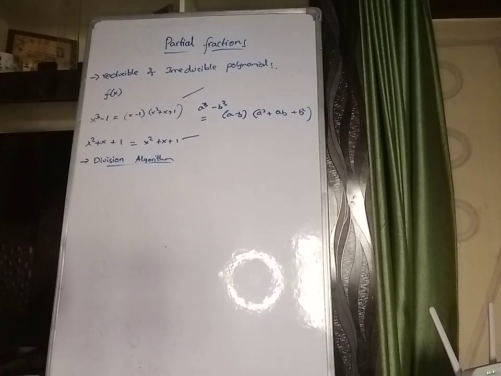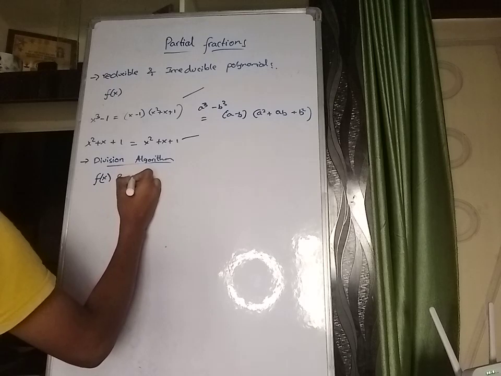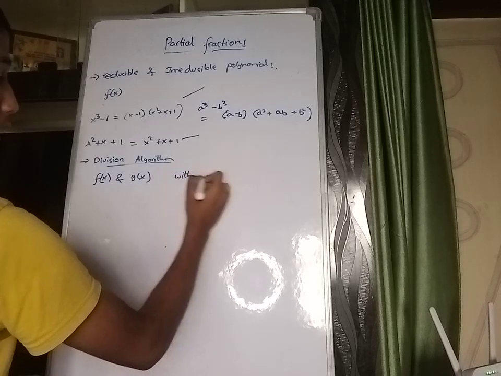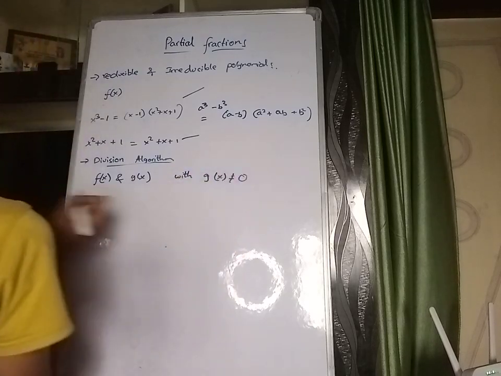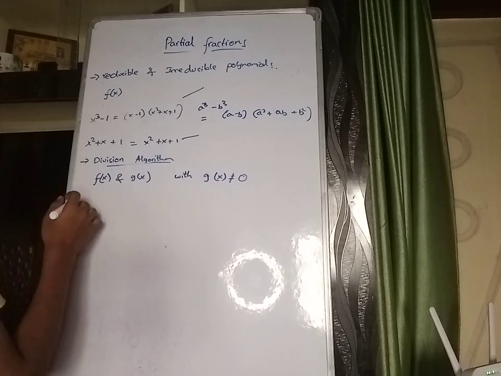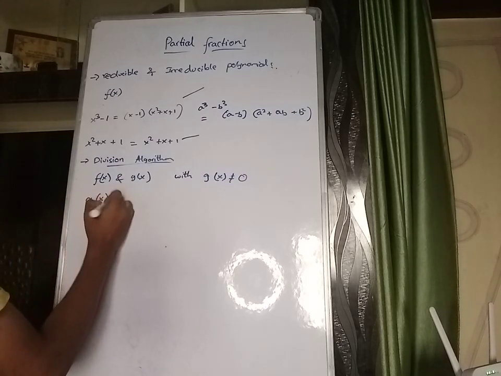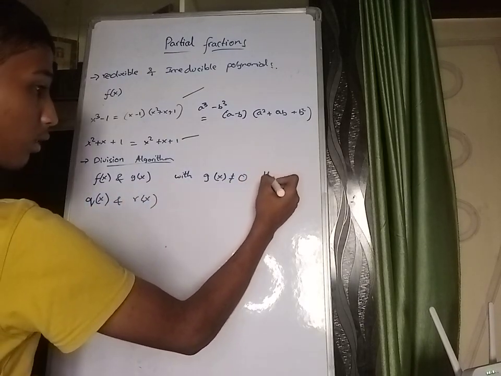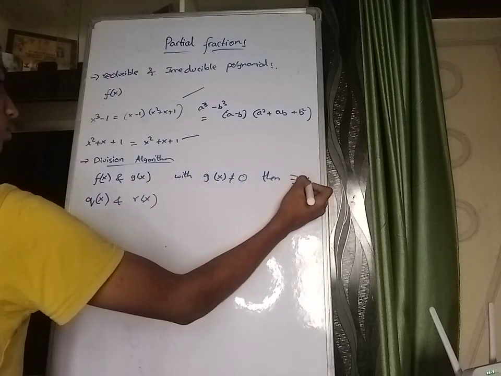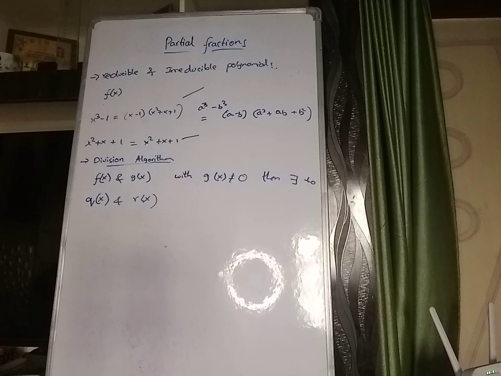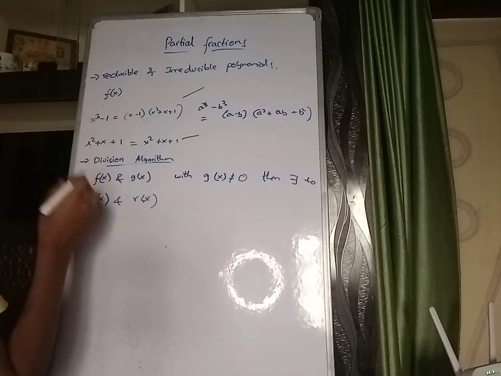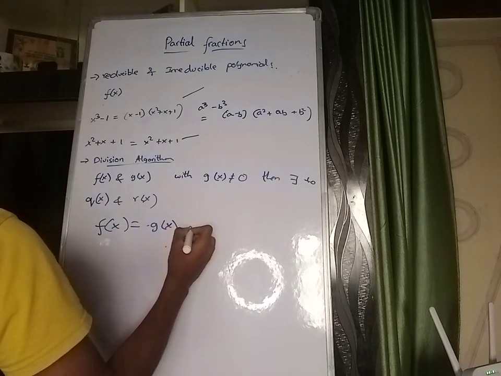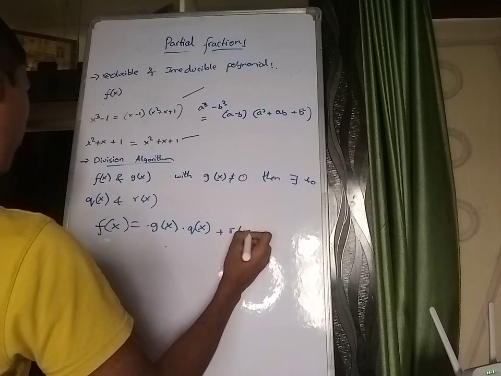If f of x and g of x are two polynomials with g of x not equal to 0, then there exist unique polynomials q of x and r of x, the quotient and remainder, such that f of x equals g of x into q of x plus r of x.